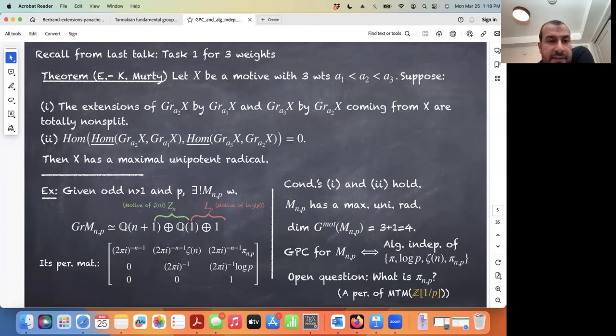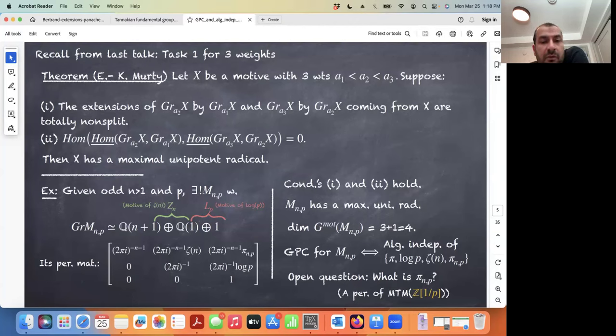Now, this result tells us, because the Hom between the consecutive graded components, this one being Q1 and this one Qn, has no non-zero maps, the second condition is satisfied. Remember, because you're dealing with simple objects, totally non-split and non-split are the same, so these two extensions being non-split and the second condition satisfied, this will have a maximal unipotent radical.